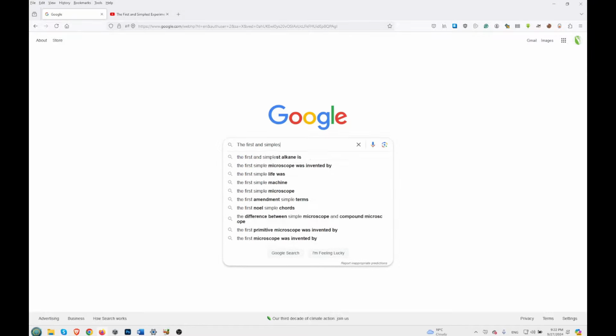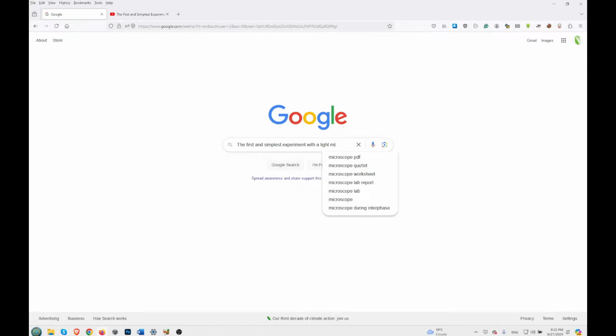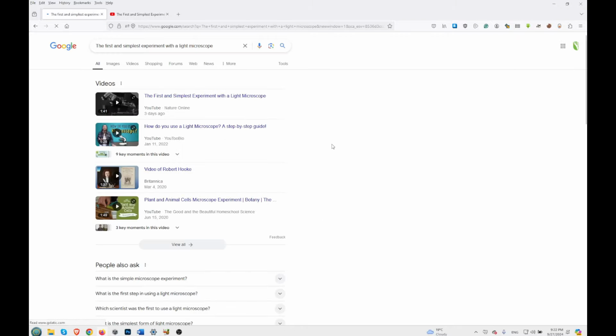The first and the simplest experiment with a light microscope. Oh, the first link is some niche online.